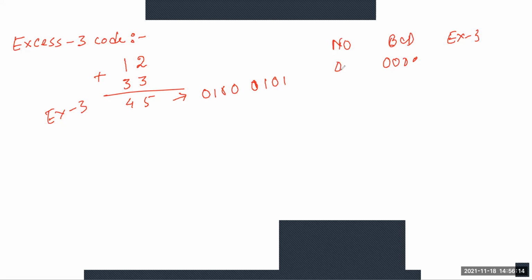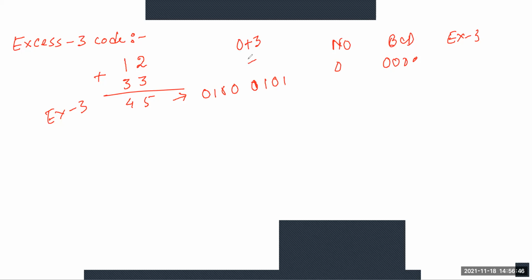For 0, what is the XS3 code? No, this is not 33. 0 means just add 3.